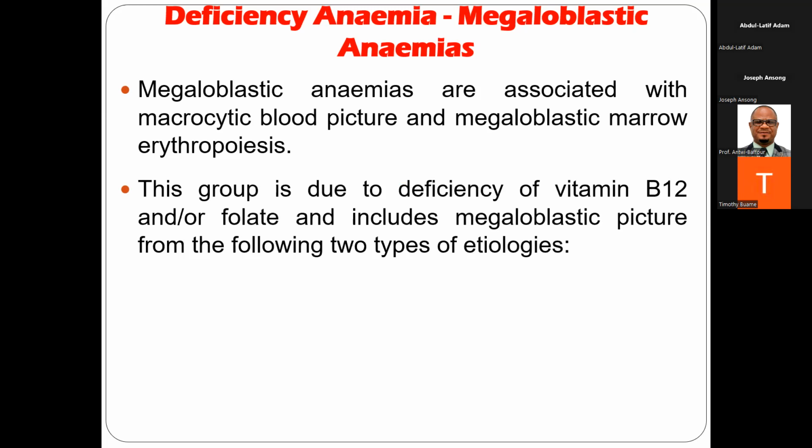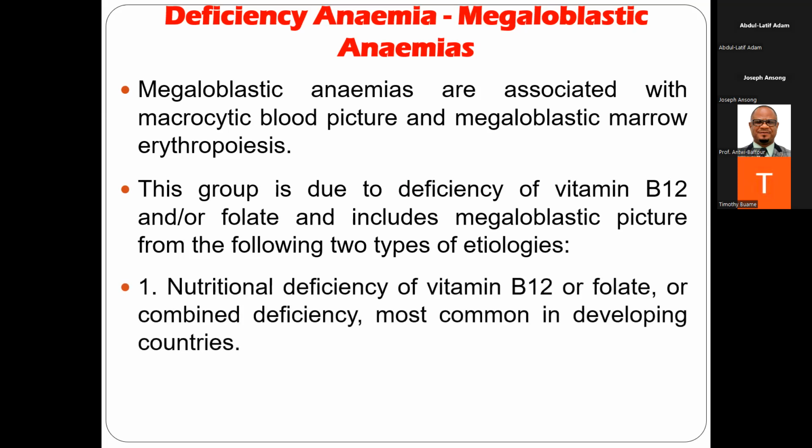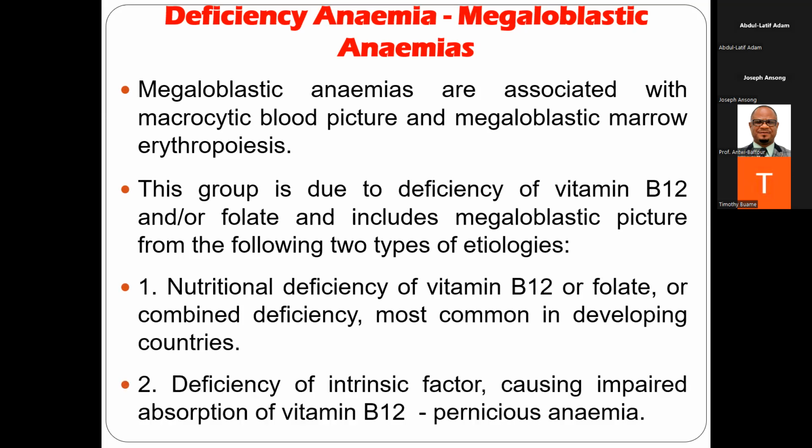And what happens in this situation is that there is deficiency in vitamin B12 and or folate, and that leads to the megaloblastic picture when this anemia comes into play. And the number one issue, of course, is nutritional deficiency of vitamin B12 or folate, or combined deficiency. And this happens mostly in developing countries. The other part that can also be deficient is intrinsic factor.